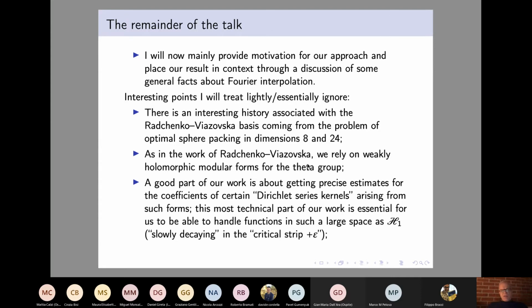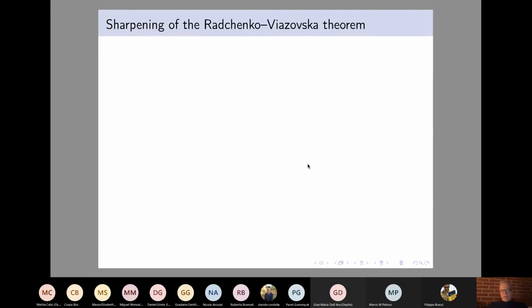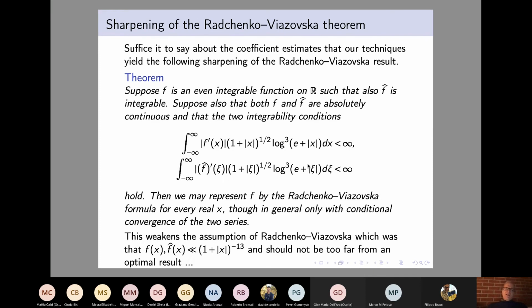But I would like to just mention one result which comes out of these technicalities, and that is that we are able to get a fairly precise result about which functions can be represented in terms of this interpolation basis of Radchenko and Viazovska. It's more or less clear that you need something more than only f and f hat being in L1.